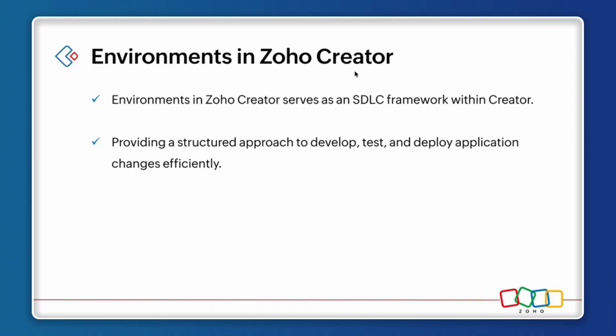Whenever you add new changes or any update using an environment, your users are never impacted by any incomplete or experimental changes. Here we'll be looking at how you can take a structured approach to develop your application, test it, and deploy the application changes efficiently for your live users.